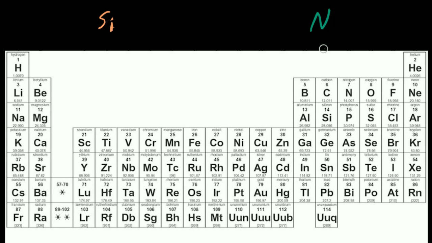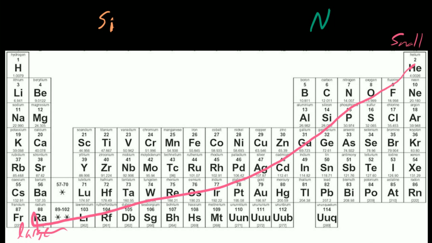Which one is going to have the larger atomic radius? And remember, I'll just draw in our trend across the table. So we go from small atoms up in the top right, from small atomic radii to large down in the bottom left.